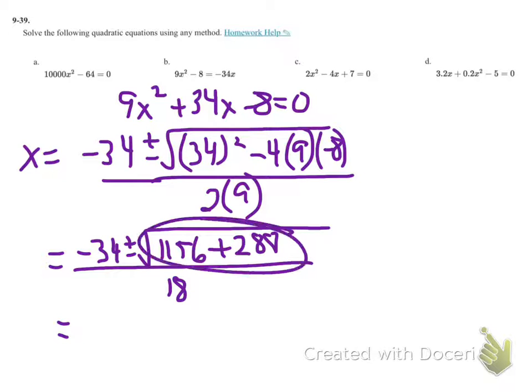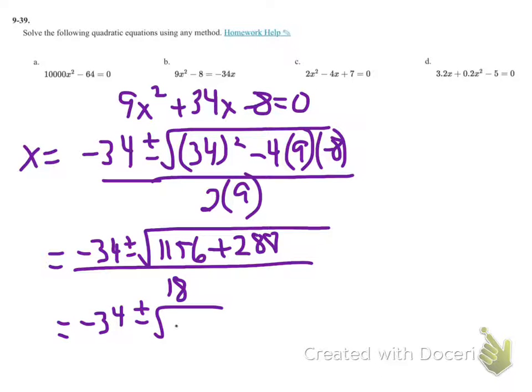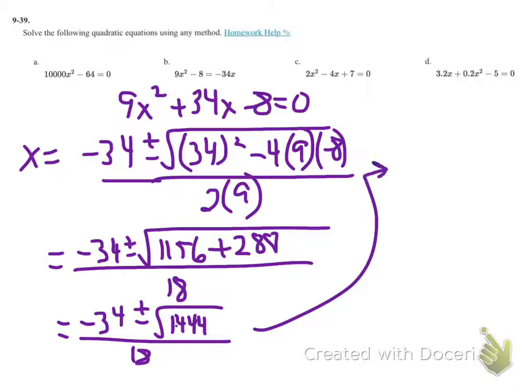Simplifying that number, I have negative 34 plus or minus the square root of 1444 over 18. Taking the square root, the square root of 1444 is 38. It is a perfect square.